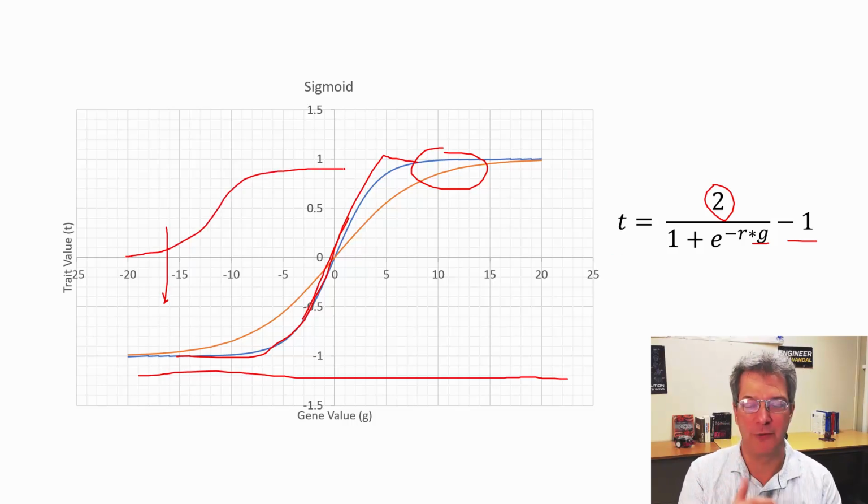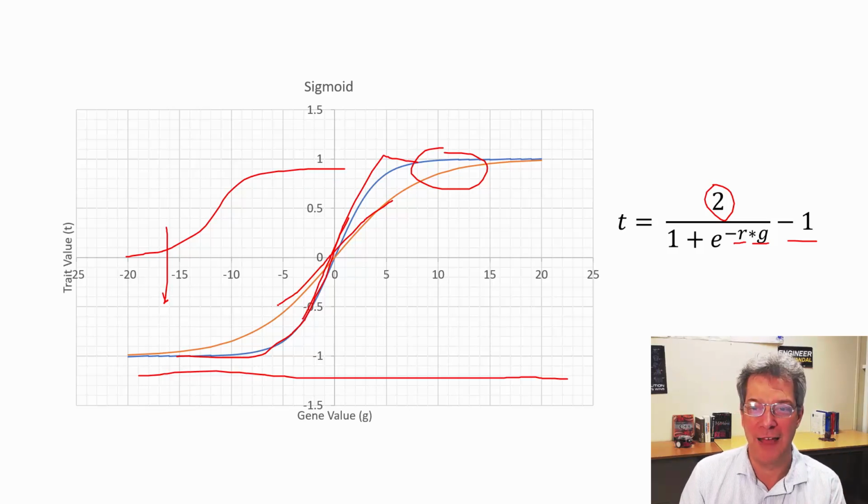I want one to go from -1 to 1. So I multiply it by 2 and subtract 1. The R value defines what this slope is, and I'll very arbitrarily use 0.5 for my R value. And then again, G is the number for the gene, and T is the actual trait value.